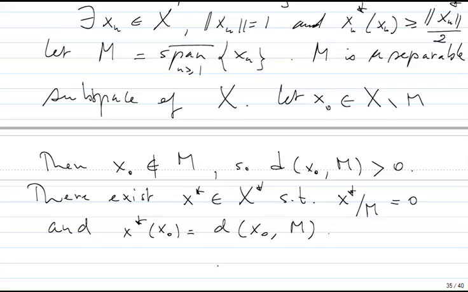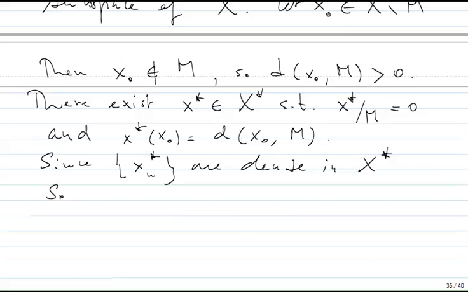Since xn star are dense in x star, there exists n greater than 1 such that the norm of x star minus xn star is less than 1/4.